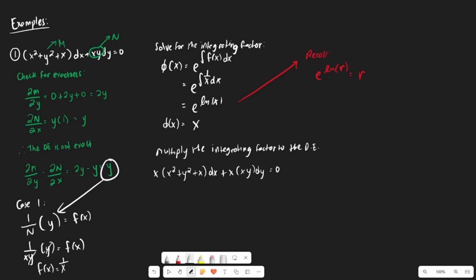So we simplify, we would have (x cubed plus xy squared) dx plus x squared y dy is equal to 0.